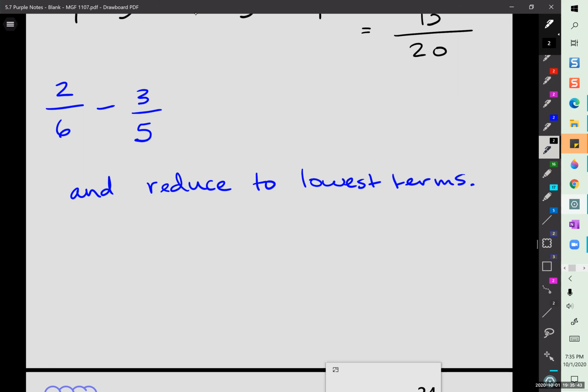Caitlin, I don't think so either. Kimberly, that's correct. I think, Caitlin, look at your denominator. Okay, good.